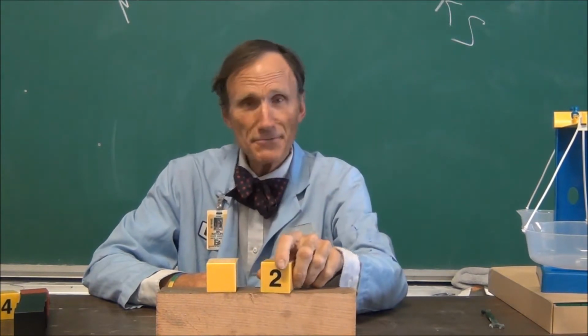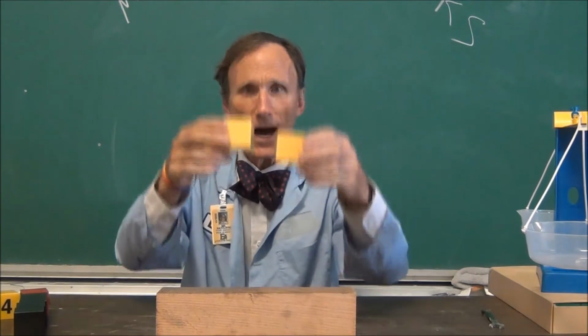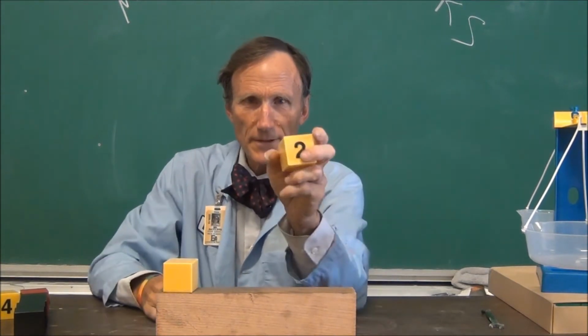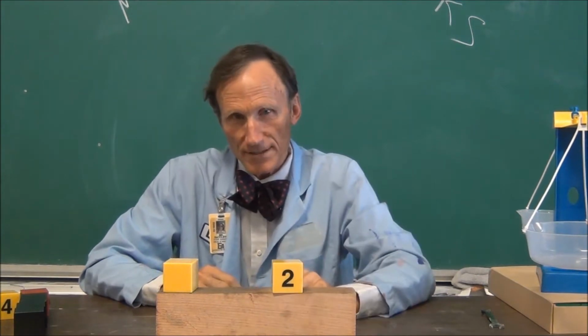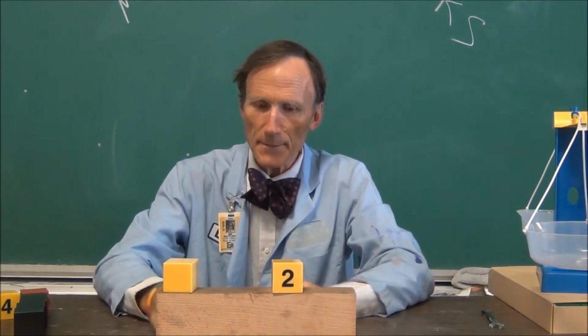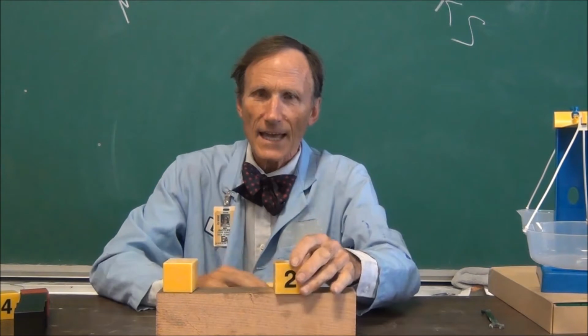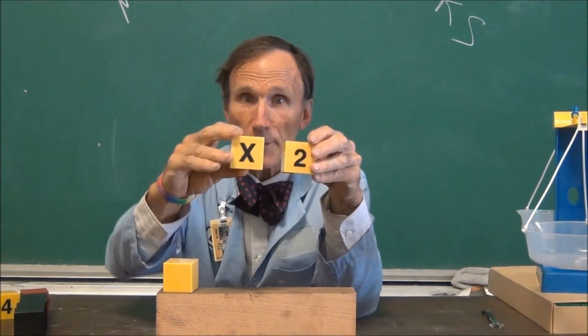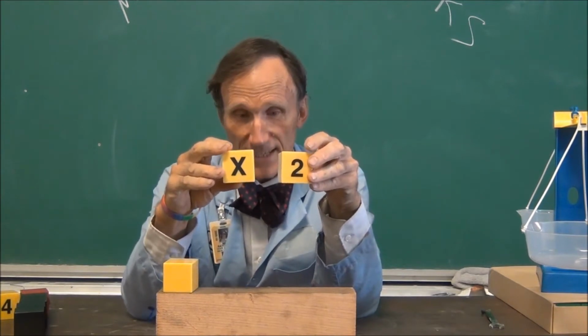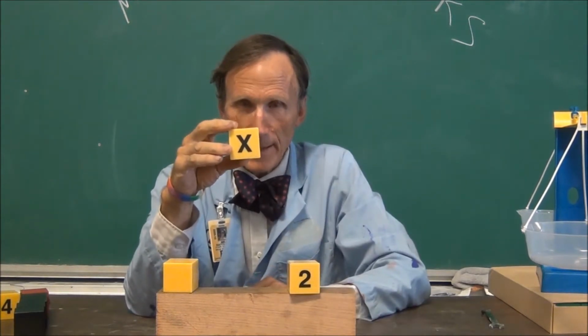So this is a tremendous abstraction to go from objects to a squiggle that means a certain number of objects. But that abstraction is nothing compared to the abstraction of going from a squiggle that represents a number to X that represents any number. So this really is a double level of abstraction.